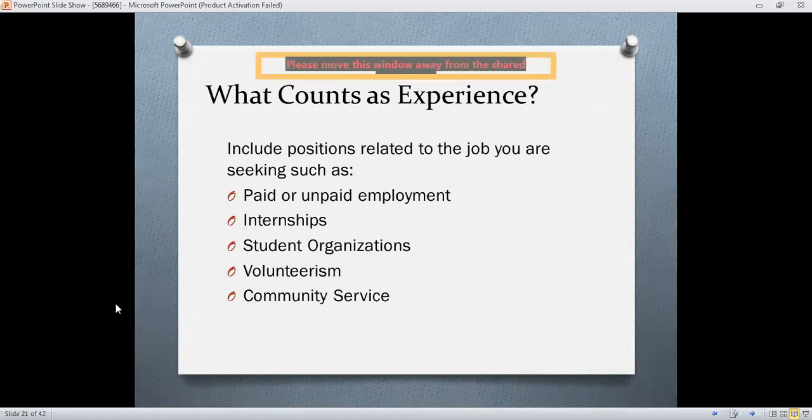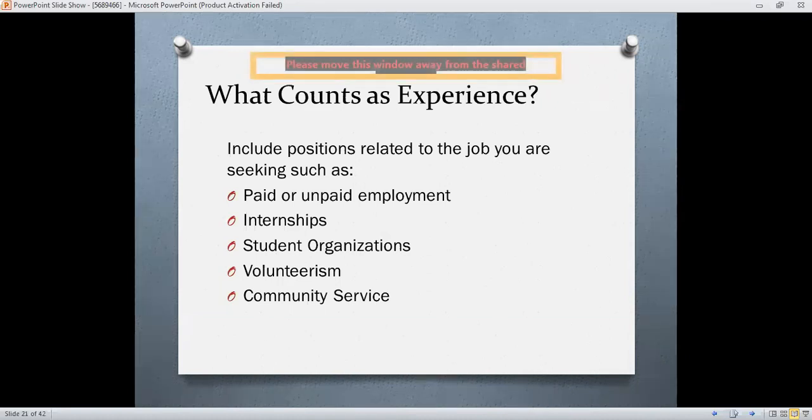Okay, so it is not only that if you work and get paid, that is the only type of experience. You can also use your unpaid employment where you don't get any salary, like your training period. An internship is also a type of experience. If you are the leader of any student organization, that is also a type of work experience.